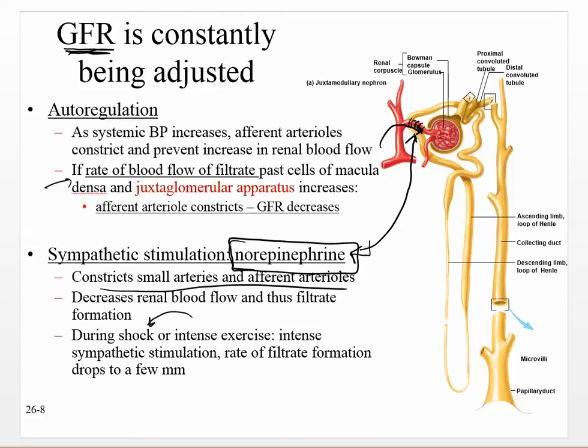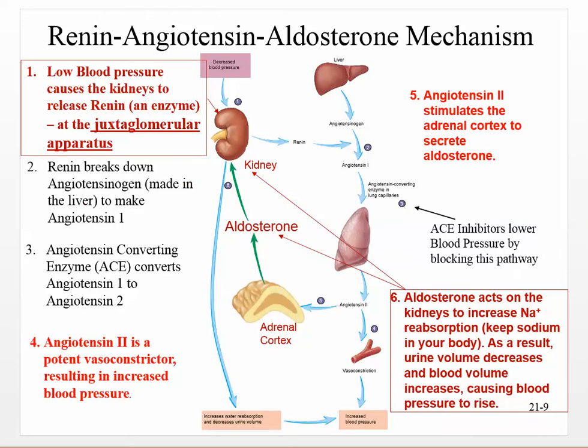Your blood pressure is so low that you're just not even able to circulate fluid through to get to your cells. So what that does is it shunts it away, and it says, okay, we're going to reduce blood flow through the kidneys, and we're going to keep that in the systemic circulation. The rest of the body is going to be able to have that.